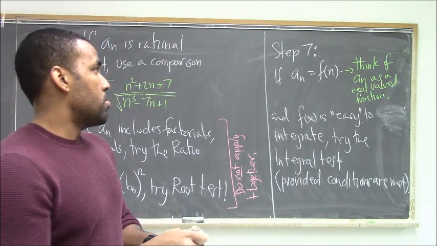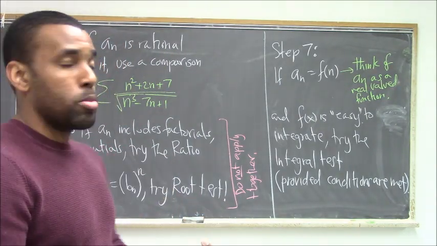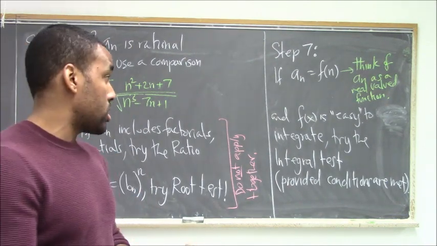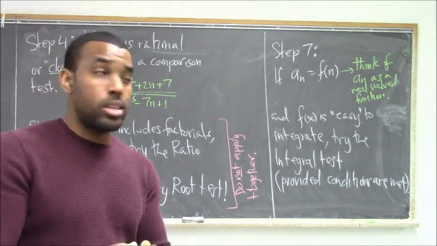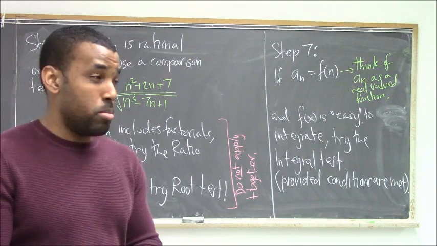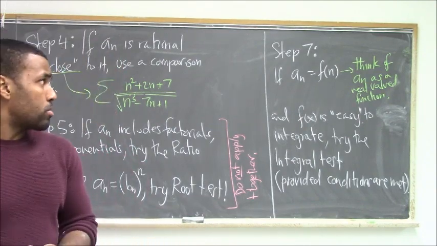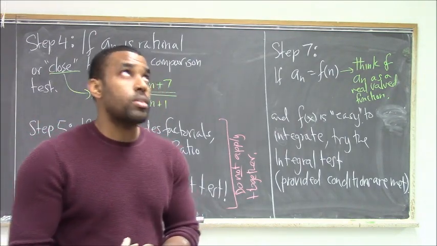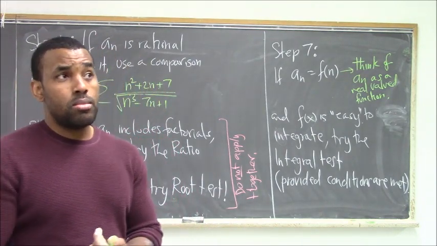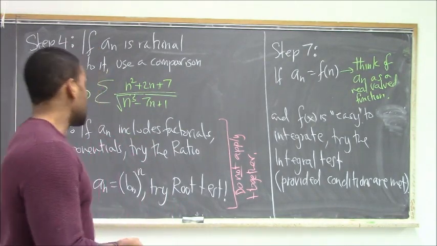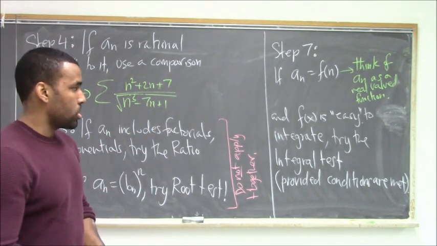So once you have something that's always outputting 0 or bigger values, it's decreasing and it's continuous, and you notice that it's easy to integrate, the integral test is actually going to be a pretty good bet as to tell you whether about convergence or divergence of the series based on how its corresponding improper integral behaves. So I already told you about the integral test, so look that up if you don't remember.